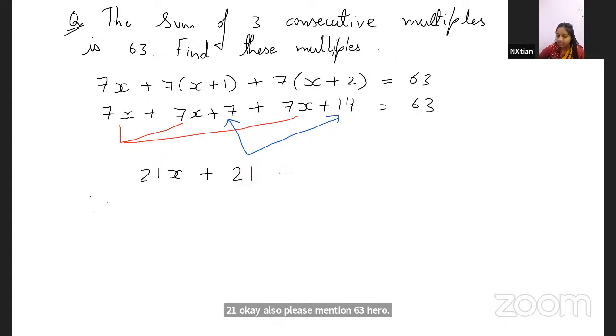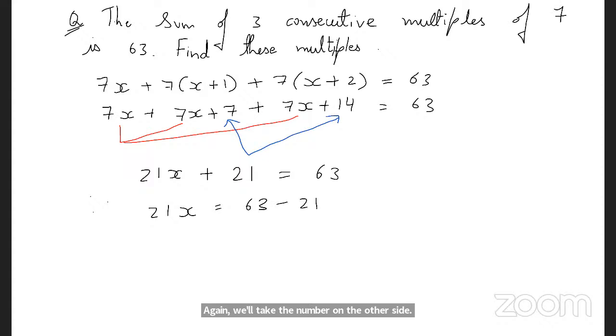Yes, Abraham. Now, again, we'll take the number on the other side. 63 minus 21. Subtract it.